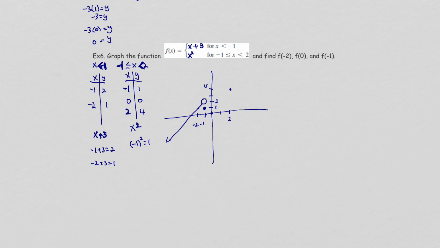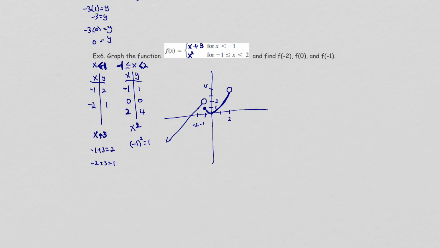Let me erase that. Open circle. So draw the parabola shape that passes through these 3 points. Don't forget, this is not going to be a straight line. It's going to be a smooth curved line connecting 3 points. So that's the graph you're going to have.